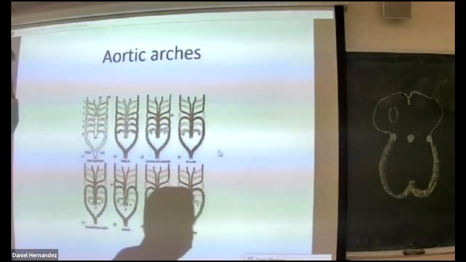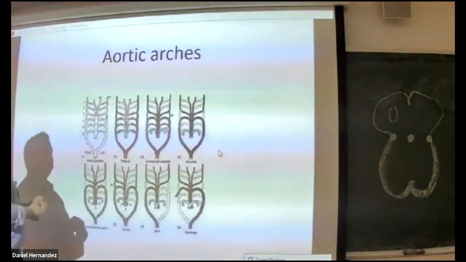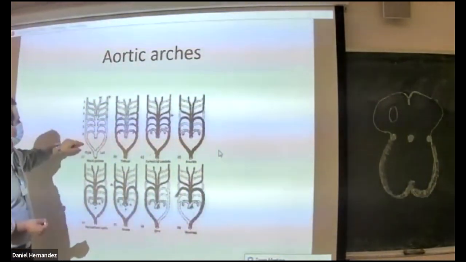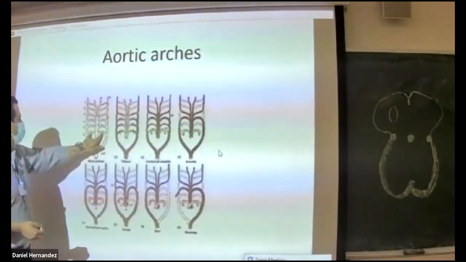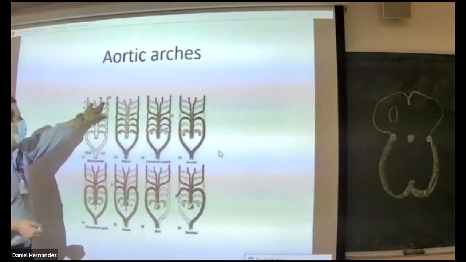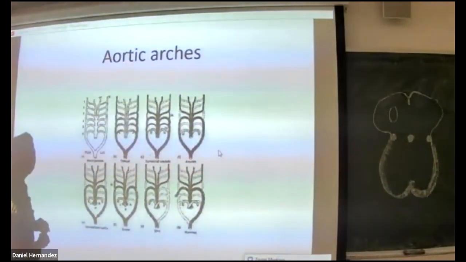This is just a picture showing the alignment of your aortic arches within that sac. So 1 is up high, 6 down low. Those become your pulmonary arteries. These would be your external carotid arteries.